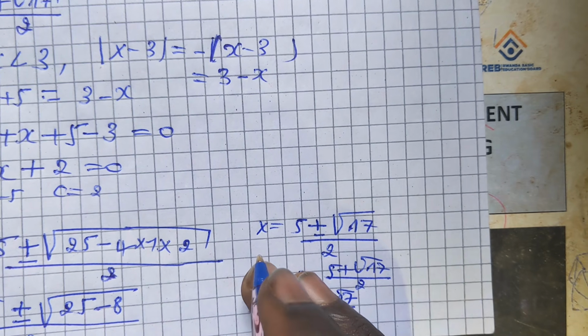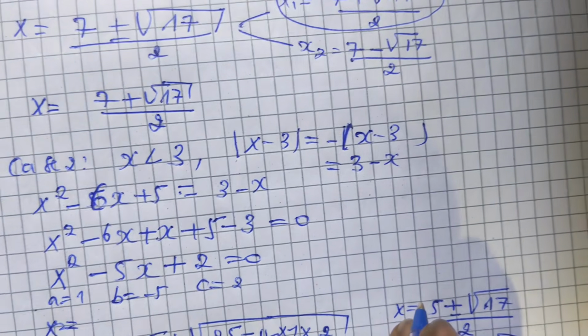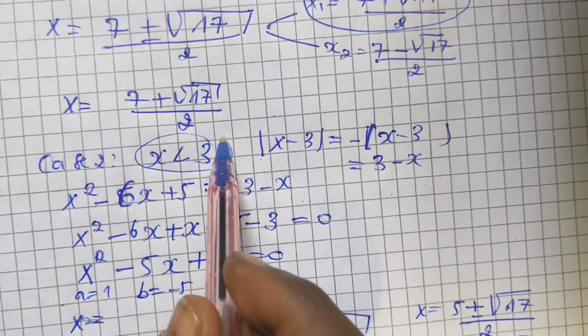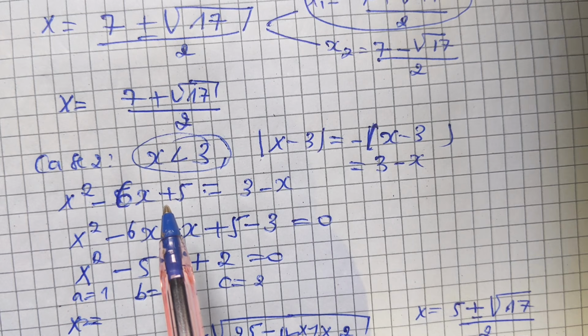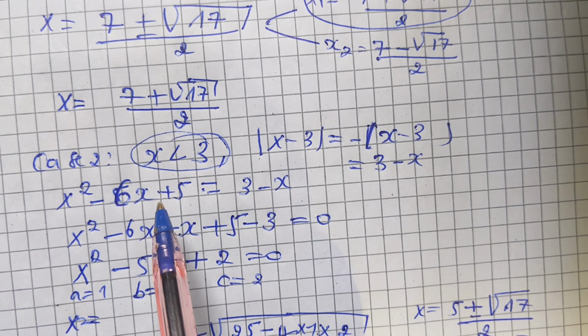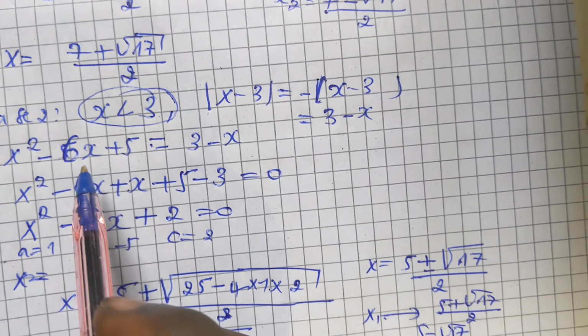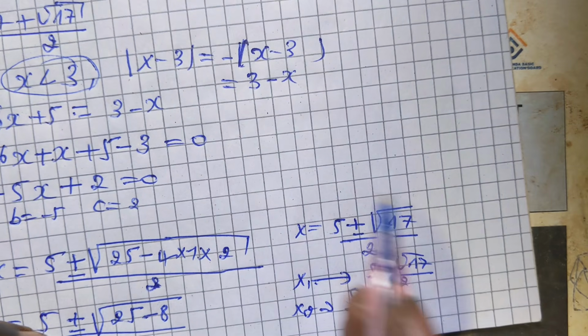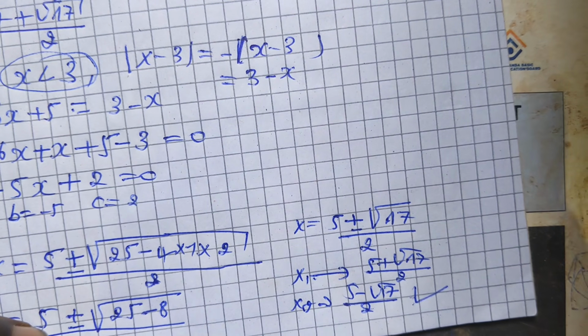Because for case number 2, x must be less than 3, which means from here this is the correct one.